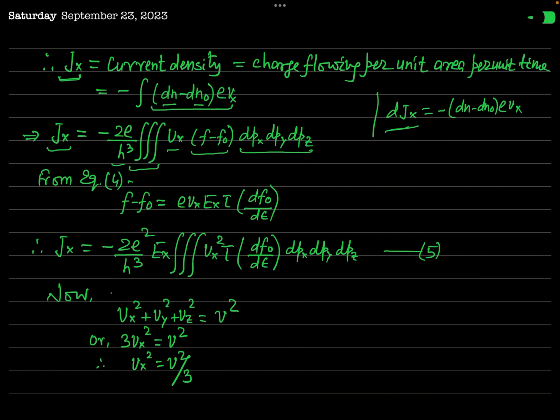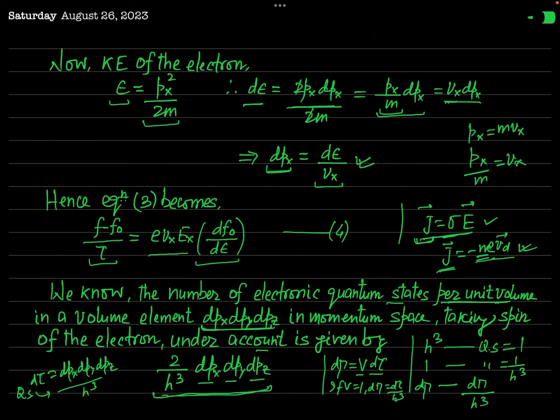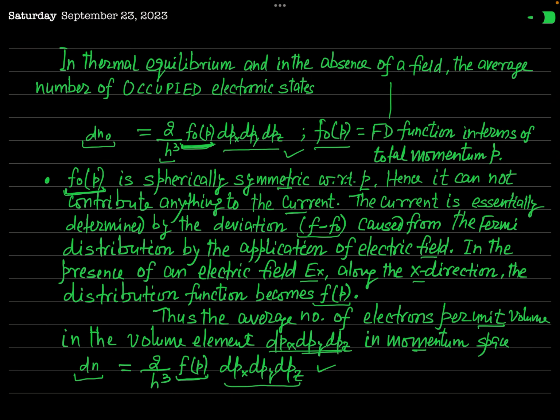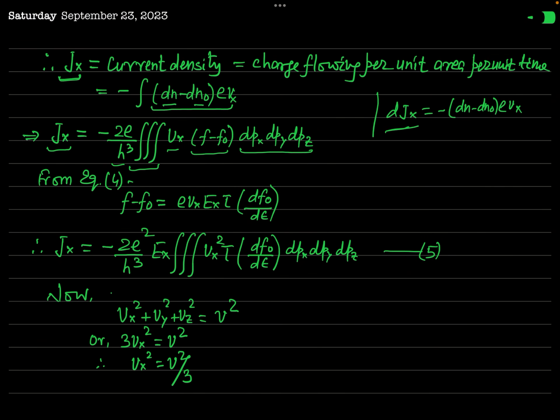But you can see we have already obtained in equation 4 what f minus f naught over tau is. So using this equation 4, we will now obtain the value of the deviation of the distribution function, that is, the value of this f minus f naught.